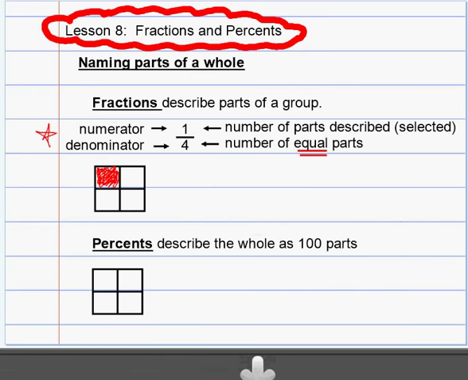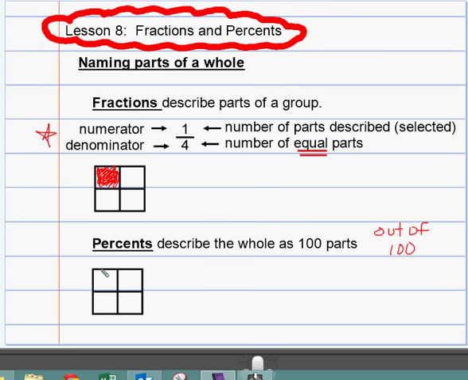Now percents are going to do the same thing. They're going to describe parts of a group, but we're going to describe the whole thing, or everything, as 100 parts. Okay, so percent is always out of 100. That means your denominator is 100.